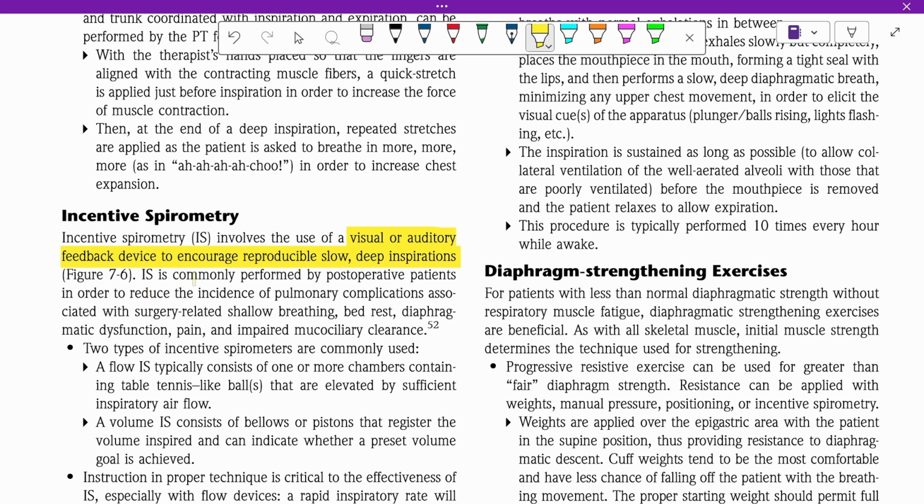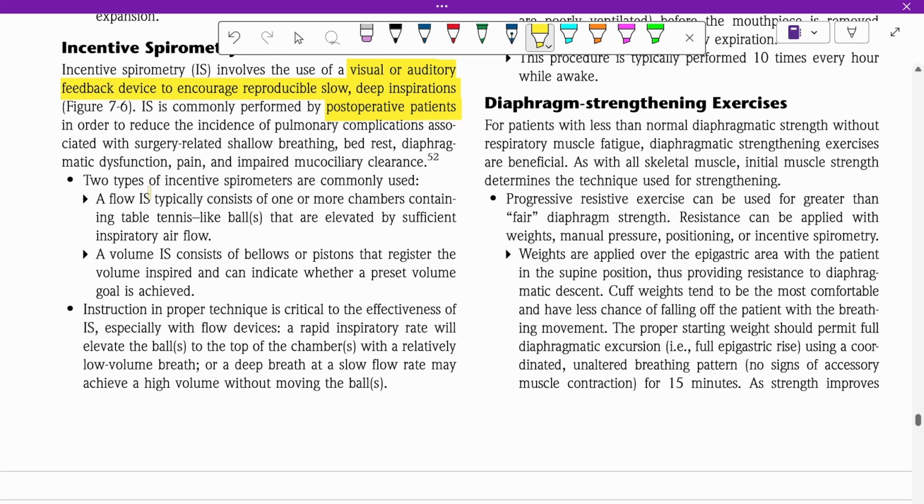Incentive inspirometry is commonly performed by post-operative patients in order to reduce the incidence of pulmonary complications associated with surgery-related shallow breathing, bed rest, diaphragmatic dysfunction, pain, and impaired mucociliary clearance. Two types of incentive spirometers are commonly used.